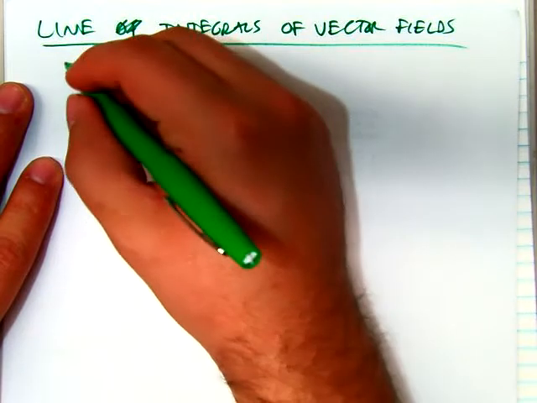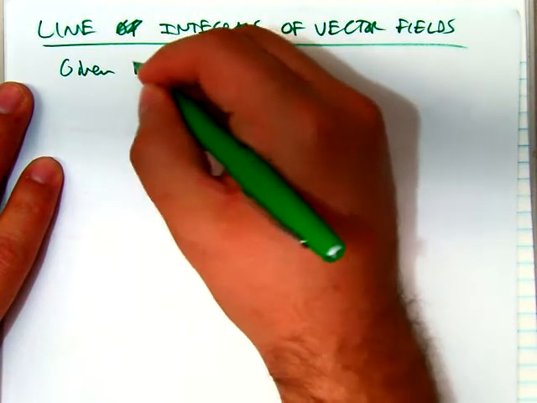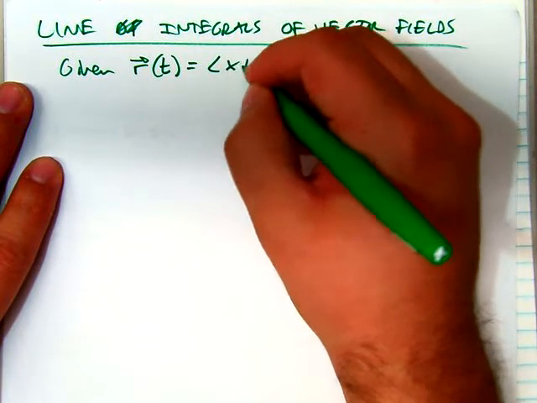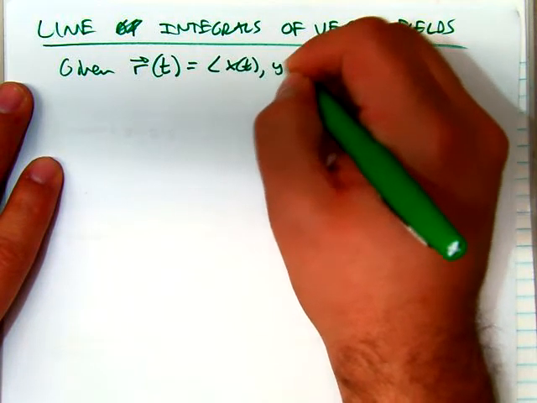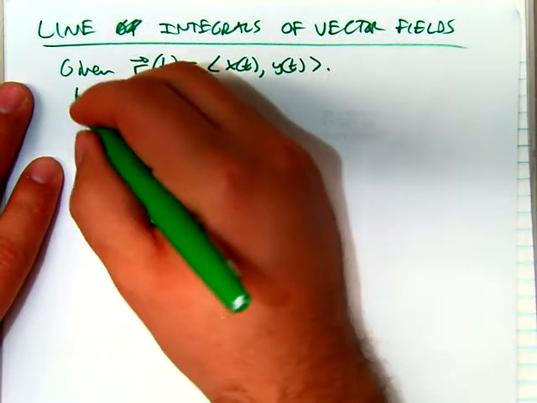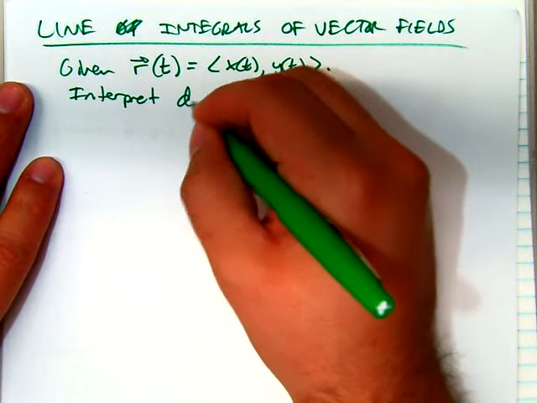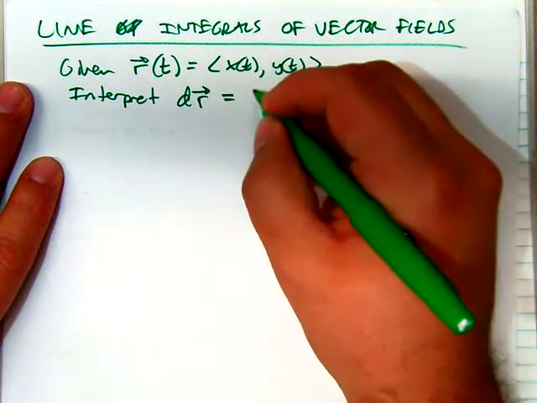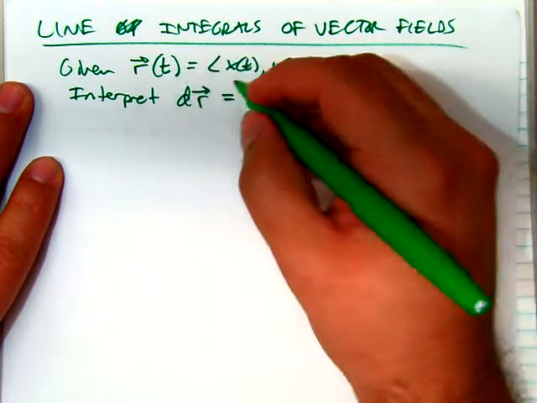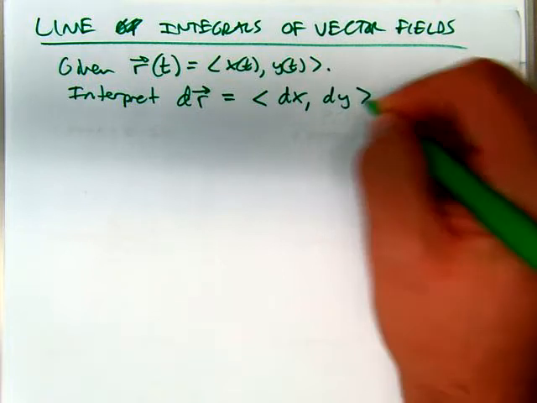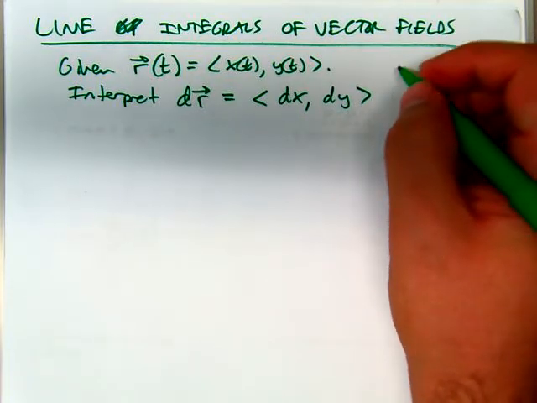Okay, so the idea here is that we're going to be given a function r of t, a vector valued function, which is going to have components x of t, y of t. We're going to interpret dr, so the derivative of the r function, to just kind of be dx and dy. So that's going to be our interpretation.